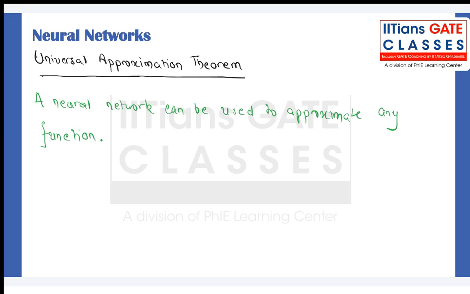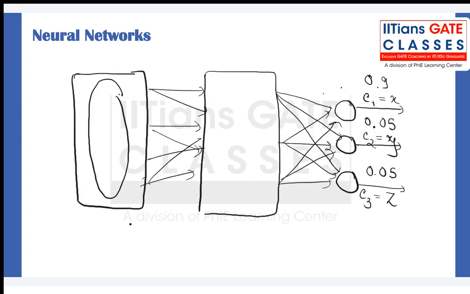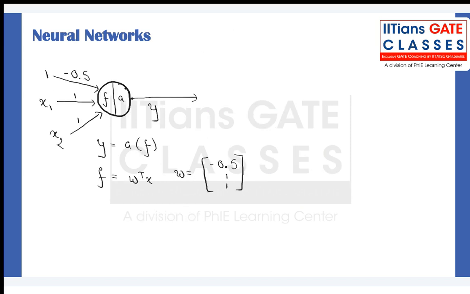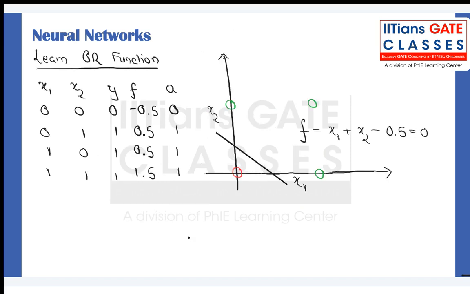And also one more important point. You see that for OR and AND, I did not have a hidden layer, right? Because it's very simple.